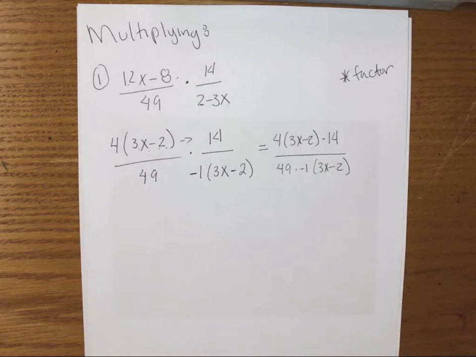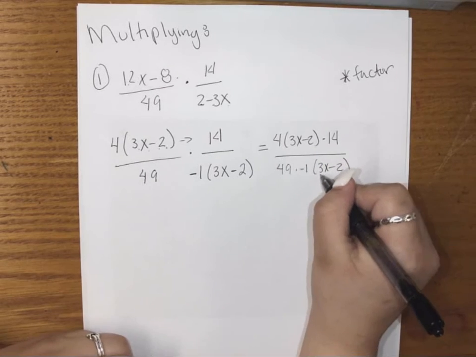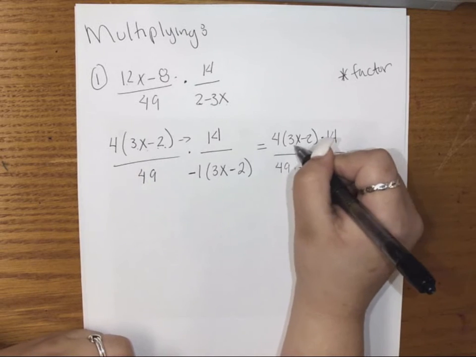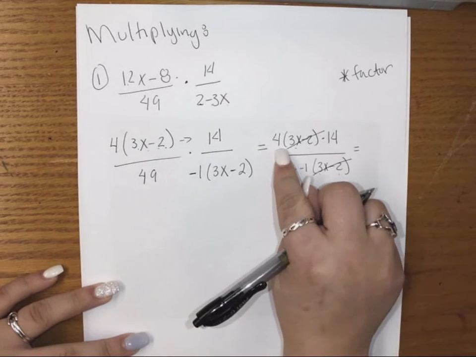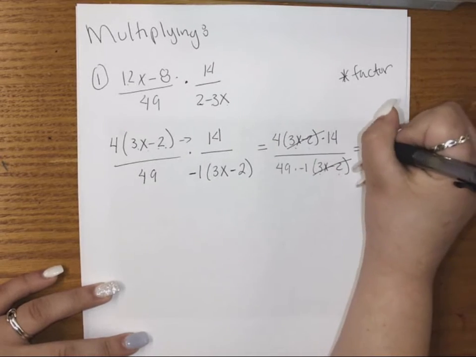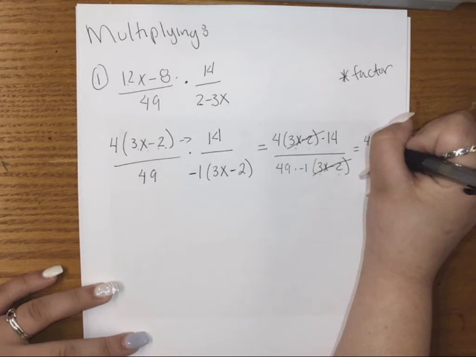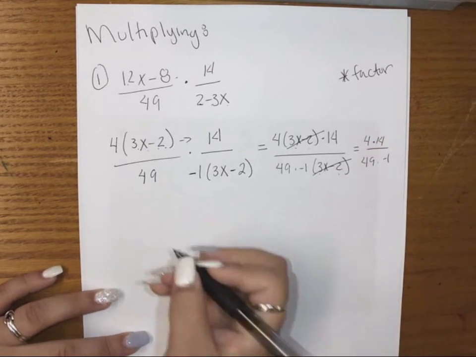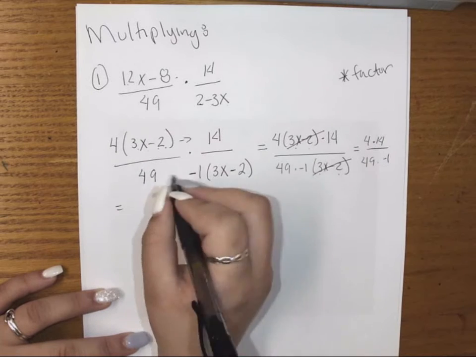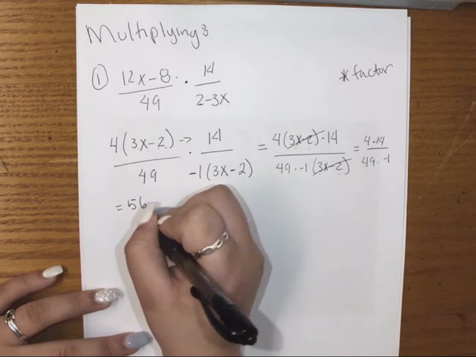Now we can see that 3x minus 2 and 3x minus 2 can cancel out. From here, we end up with 4 times 14 on top, and 49 times negative 1 on the bottom. So 4 times 14 gives us 56.